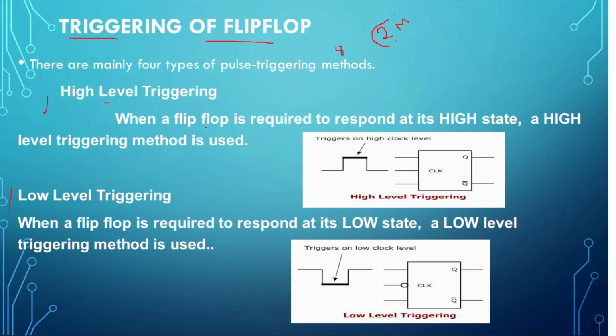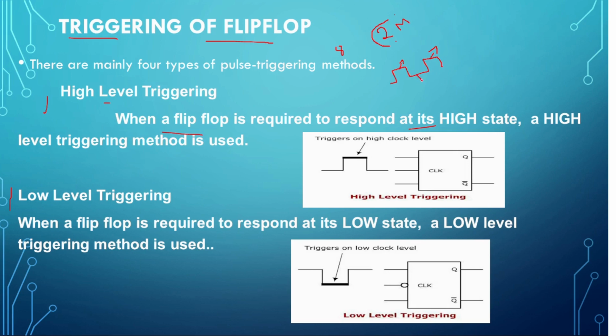The first one is high level triggering. Here the flip flop is required to respond at the high state. The clock pulse will form the waves like this, right? So this top level of the wave is known as high level triggering.